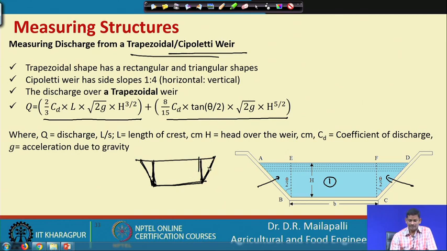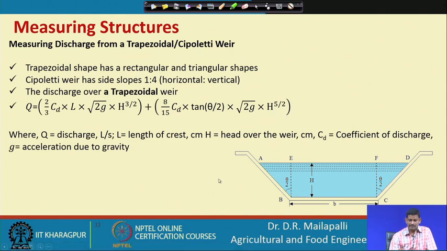That is the main thing. Since it has both triangular and rectangular parts, the total discharge through the trapezoidal or Cipolletti weir is the discharge through the rectangular opening plus the triangular opening.